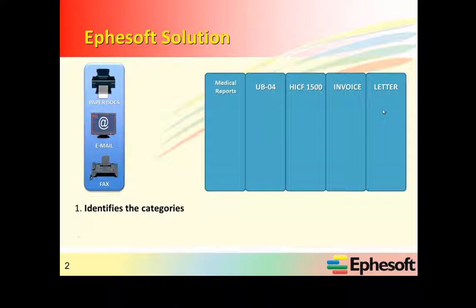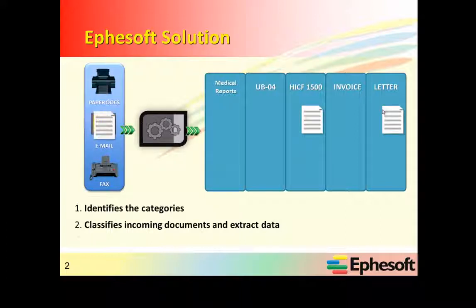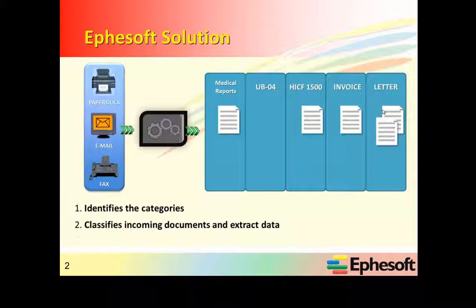So once we've identified these categories, and we've set up our Ephesoft server, we'll begin to throw new documents at it. Put it into production. This simulates documents coming in. Maybe they're paper documents. Ephesoft will look at them and classify them using context-based classification. We're not looking at images or zones.